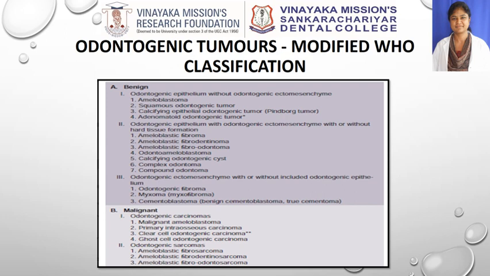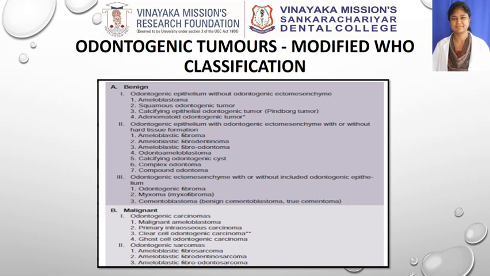Under benign, we have the odontogenic tumors arising from the odontogenic epithelium without odontogenic ectomesenchyme. The examples being ameloblastoma, squamous odontogenic tumors, calcifying epithelial odontogenic tumors, adenomatoid odontogenic tumors.